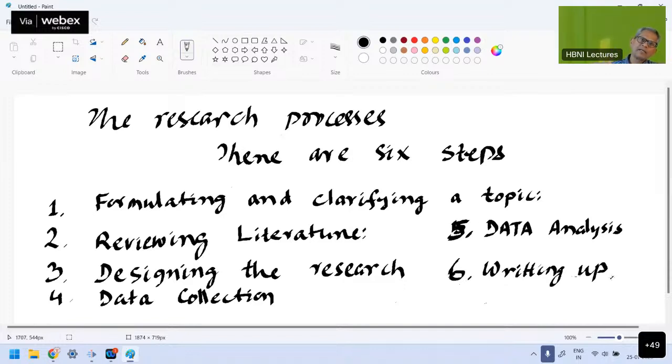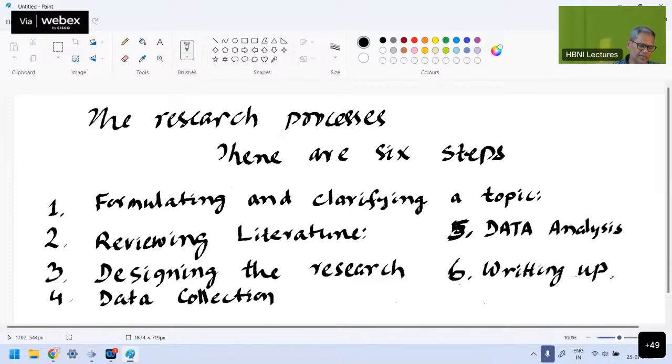We will go into more detail on how it is written. So these are the 6 steps, and the following lectures will take up each of them and try to understand them in detail.